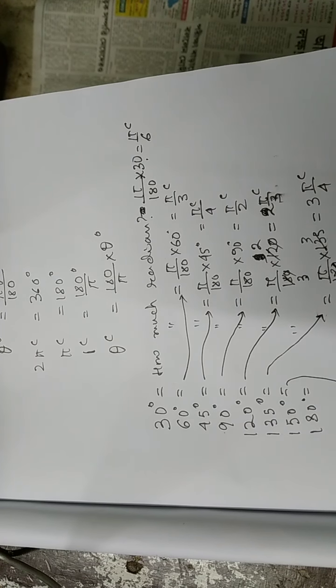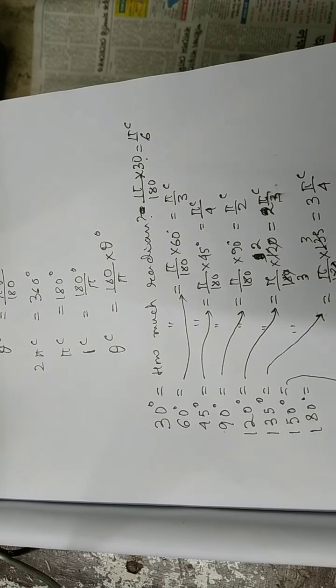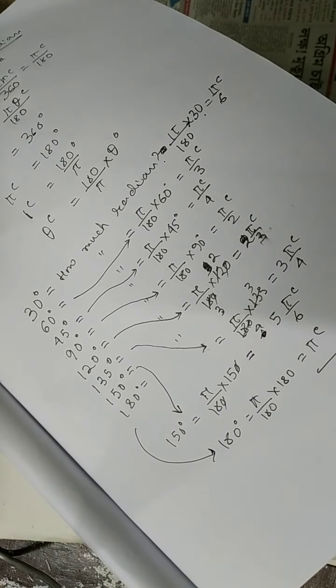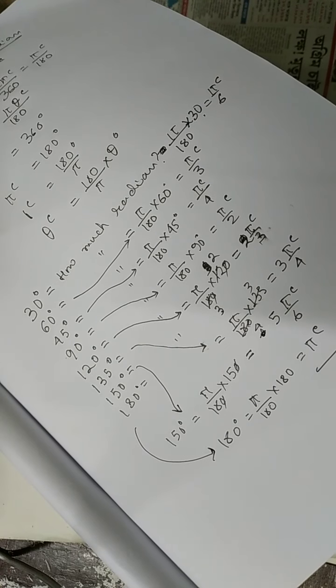This is the most simple way. 180 degree is pi by 180 into 180, that is pi radian. So these are the most common angles, which are always required in our trigonometrical situations.